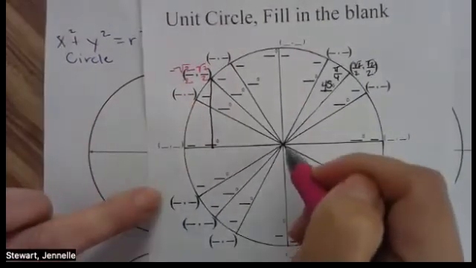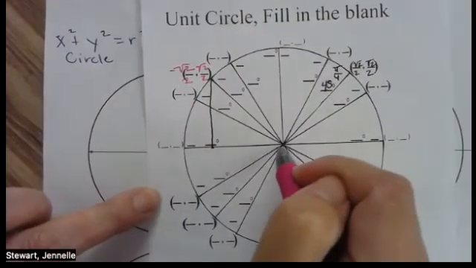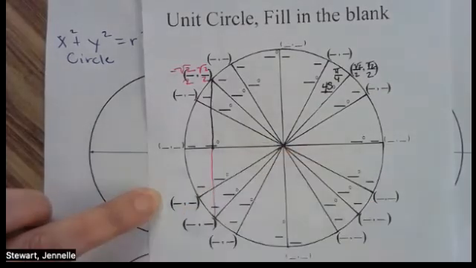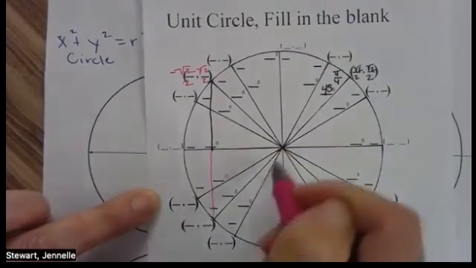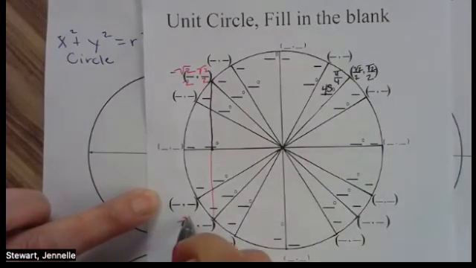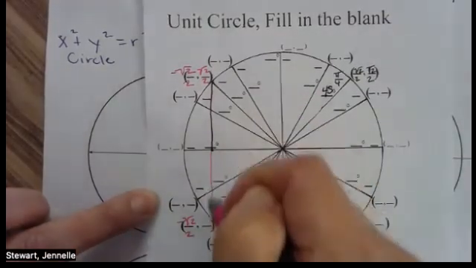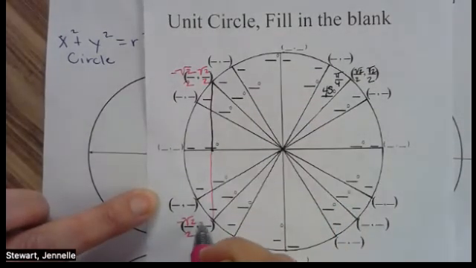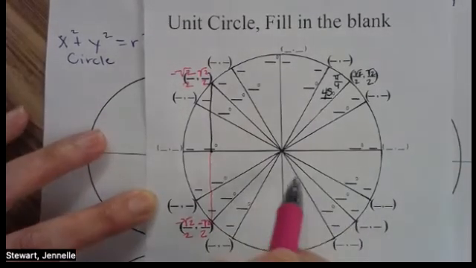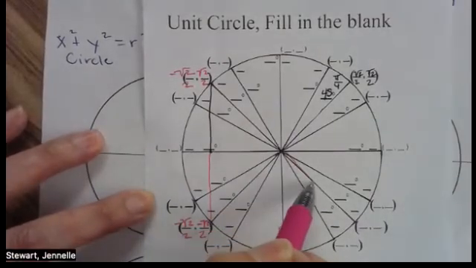Let's go to quadrant 3, right here. What's my x value? Negative rad 2 over 2. And what's my y value? Negative rad 2 over 2. Good job, you guys. Now let's go here to quadrant 4.